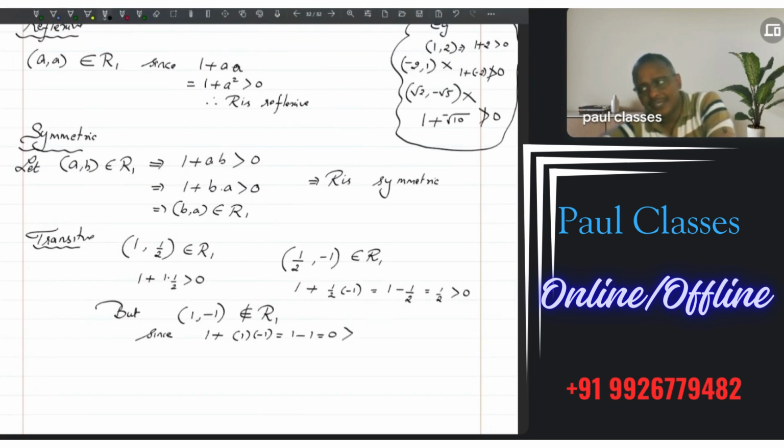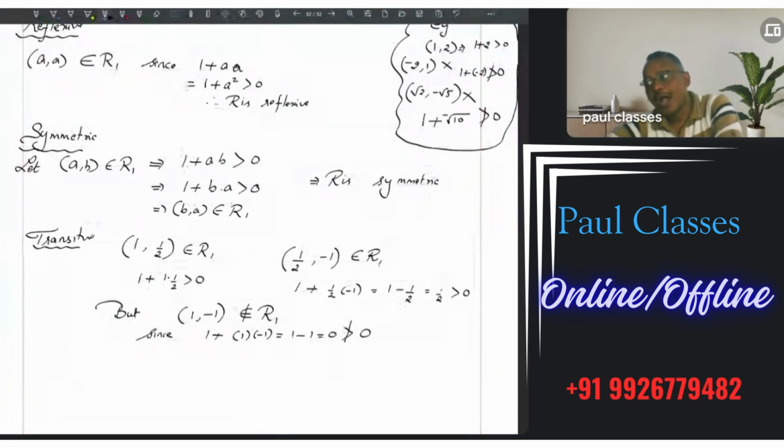Is it greater than 0? No, it is equal to. 0 is not greater than 0. 0 is equal to 0. So R1 is not transitive.